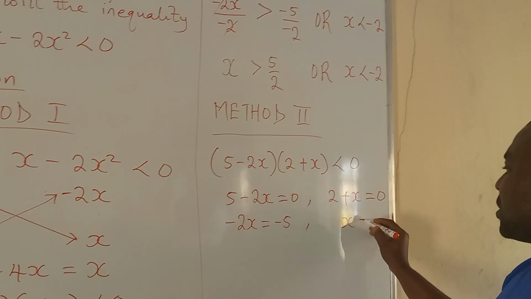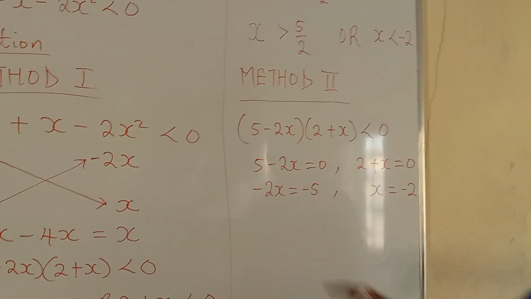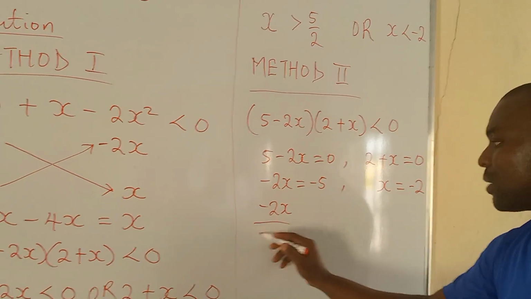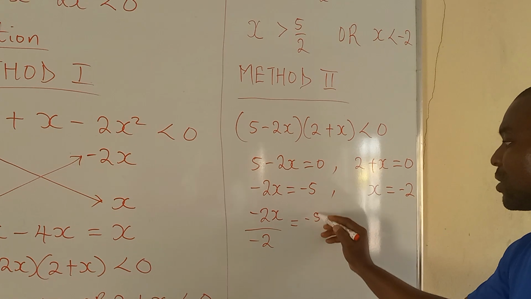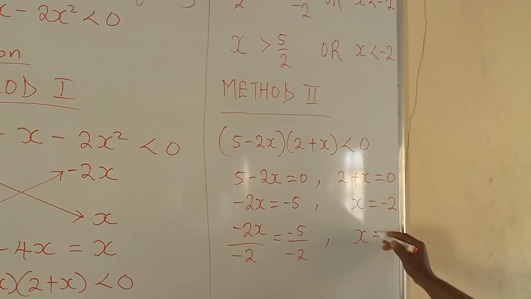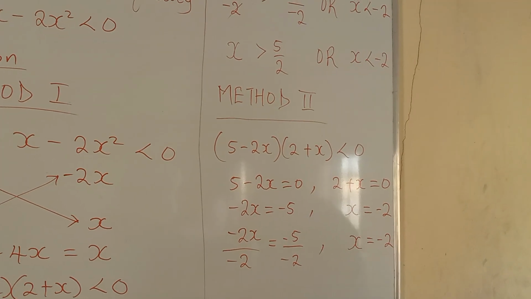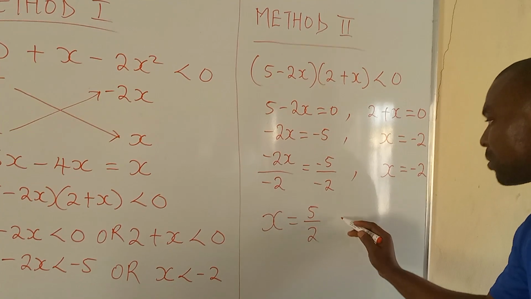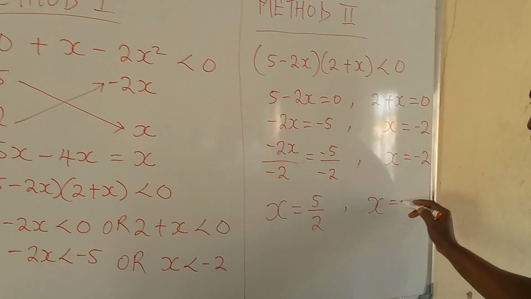Then this one, x is equal to minus 2. If you divide both sides by minus 2, you have minus 2x over minus 2 is equal to minus 5 over minus 2, while this one is still x equals minus 2. So here x is equal to 5 over 2, x is equal to minus 2.